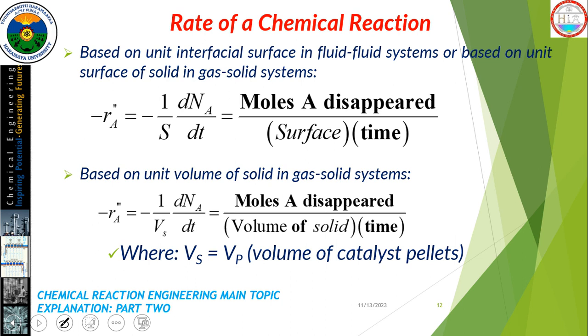The other one is based on the unit interfacial surface in fluid systems, or the unit surface of solid in gas-solid systems. So minus Ra double prime equals minus 1 over S dNA by dt.